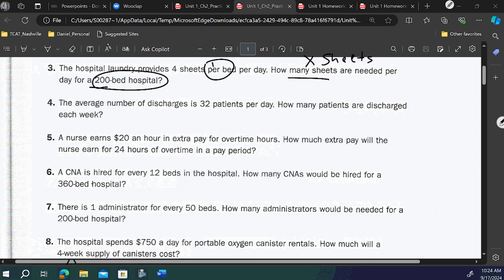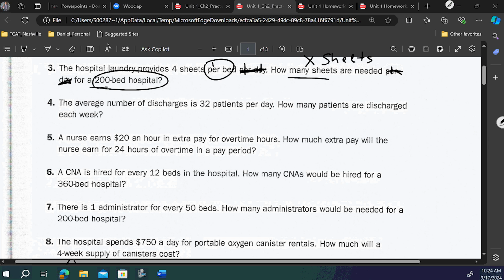This is saying 1 bed. This is saying 200 beds. Look at this. This says per day, per day. These are the same, so these aren't going to change anything for me. These are my only difference. That's how I indicated which one I needed to put. So that's a little bit wordy, and I don't really do problems like that, but I'm just giving you an example of how they can get weird and how you can start finding the differences.